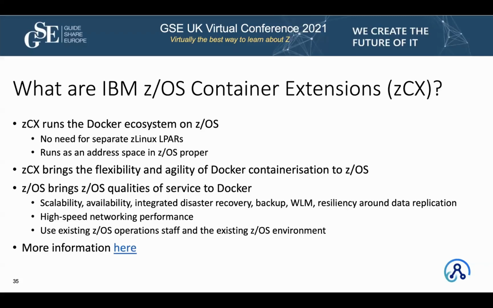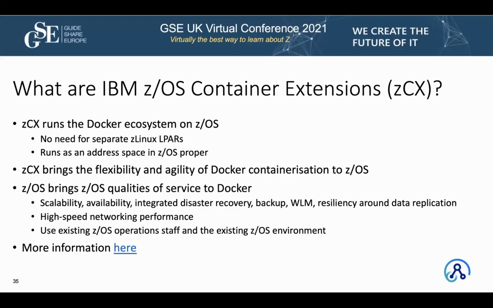So why would you want to do this? Well, it means you can run Docker containers, so you get all the flexibility of Docker. You can take all the existing open source Docker stuff, so you can run etcd and all the good open source stuff that's available, but you can run it on z/OS.